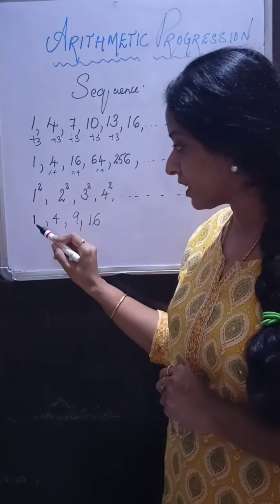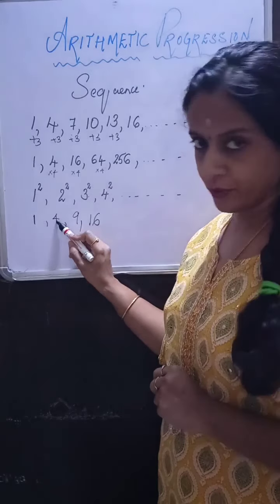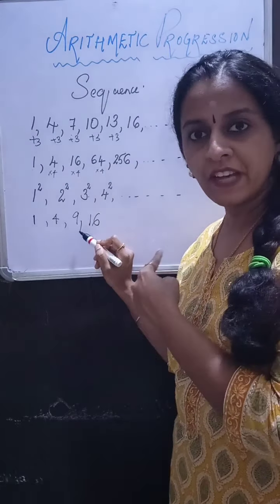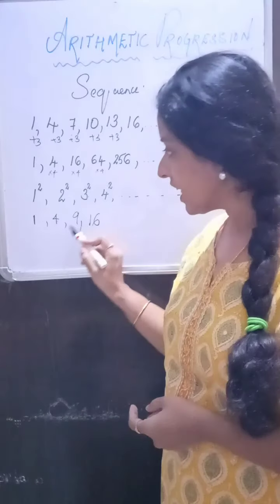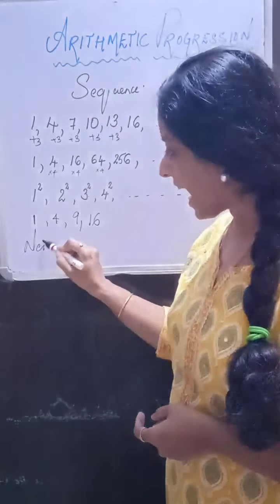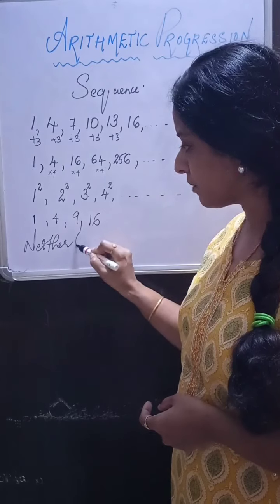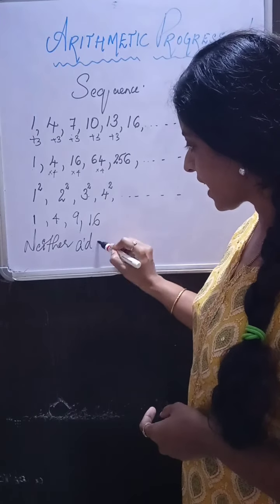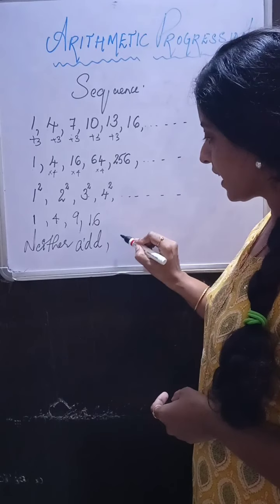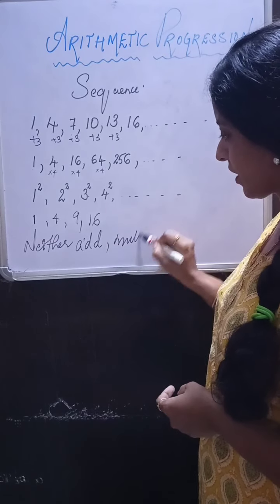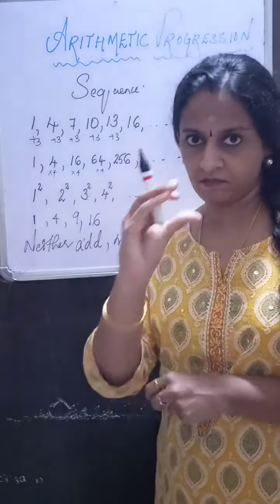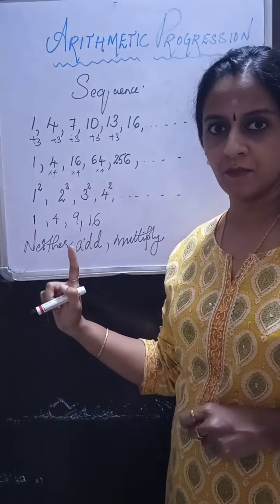Let us check the second method. 1 into 4, 4. 4 into 4, 16 should come, no? But we have 9. So here, neither by adding nor by multiplying by a fixed number are you getting the next term.